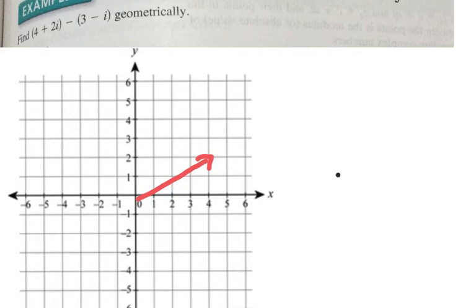And then 3 minus i would be this vector here.